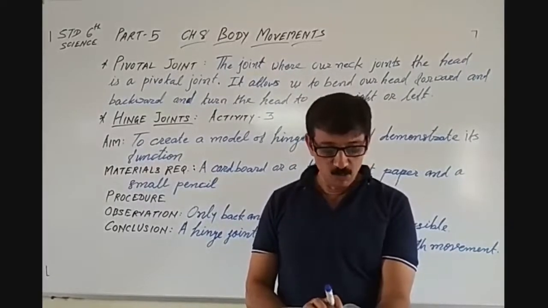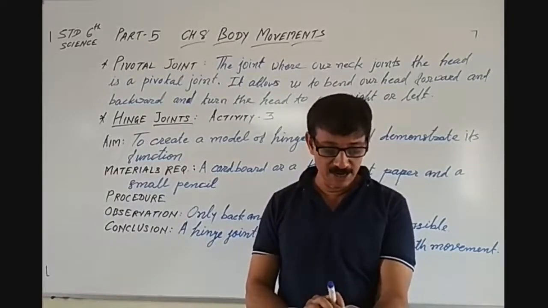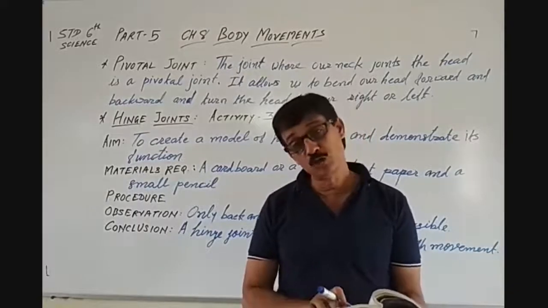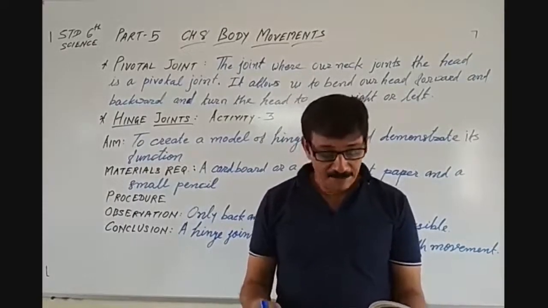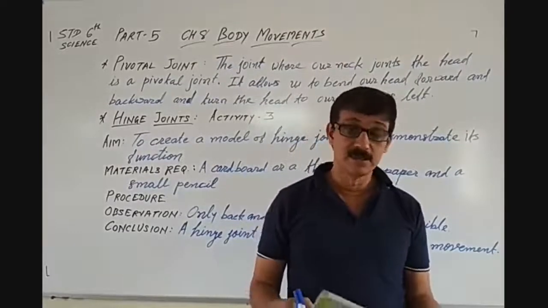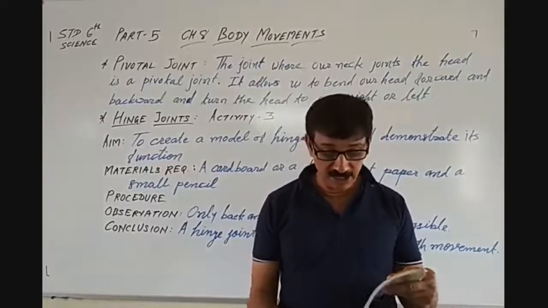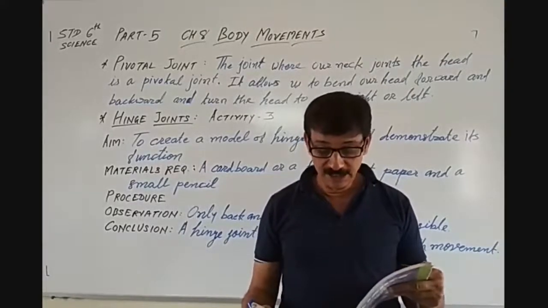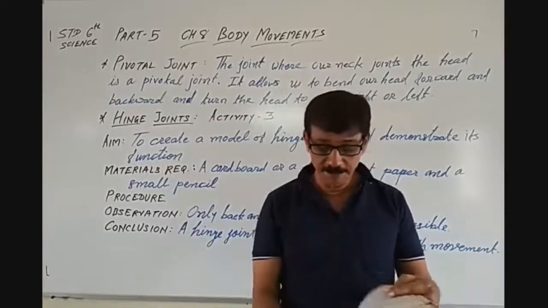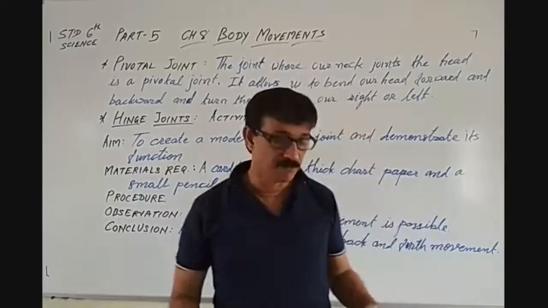How are these movements different from those of our arm, which can rotate a complete circle in its ball and socket joint? In a pivotal joint, a cylindrical bone rotates in a ring. So it happens. Now let me show you how it works.